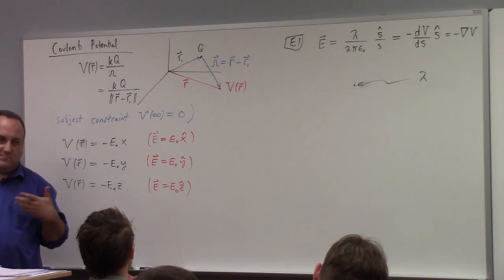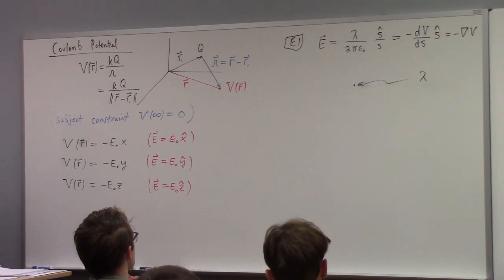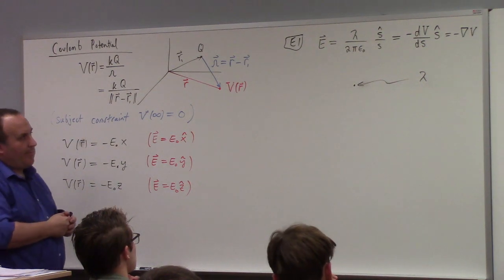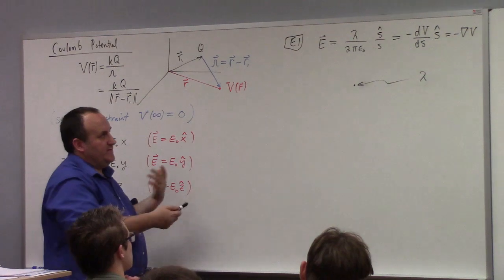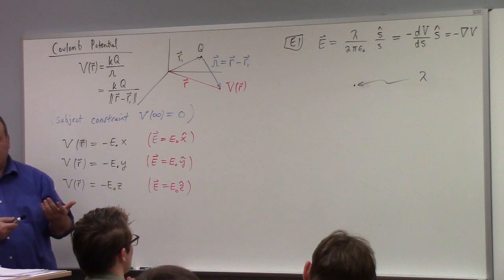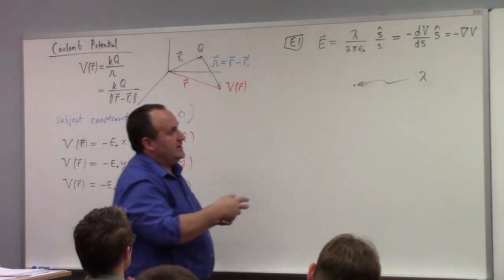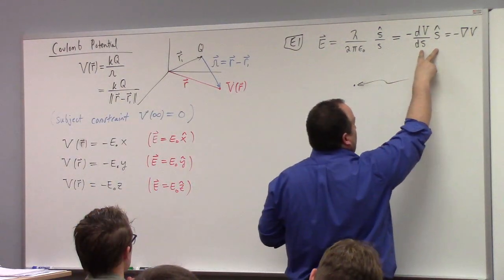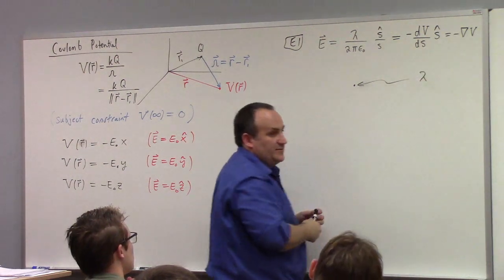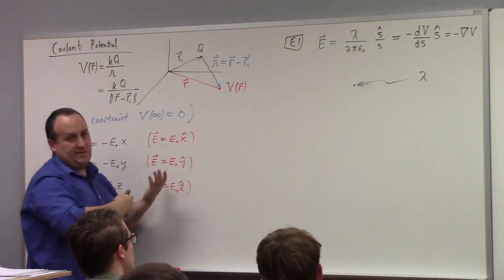In fact, you could look in a sufficiently well-developed Calculus 3 book, and you find formulas for the gradient in cylindrical coordinates. And what you'll find is that the component of the gradient in the radial direction is just a derivative with respect to the radial coordinate times the unit vector in the radial direction. So that's how it works out.